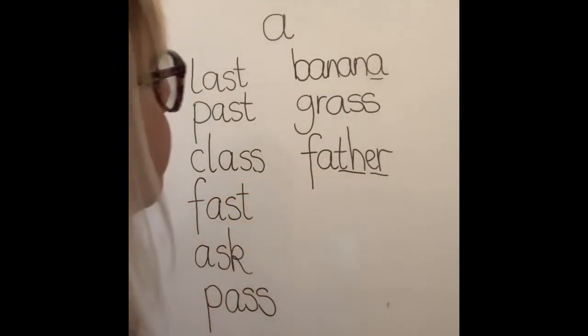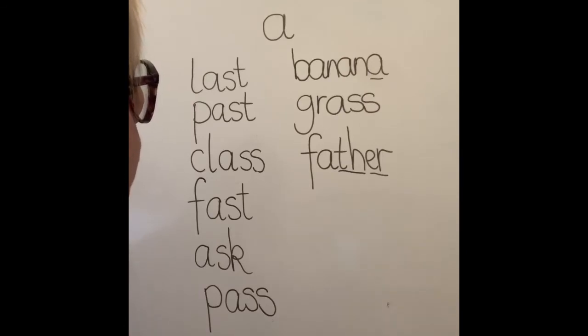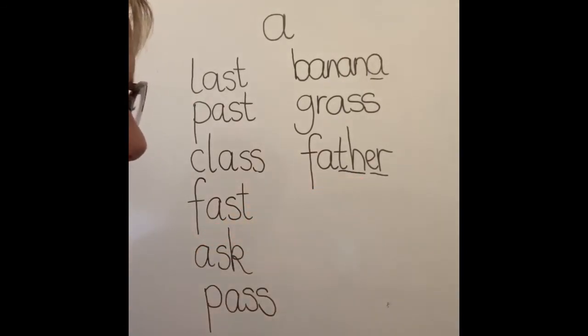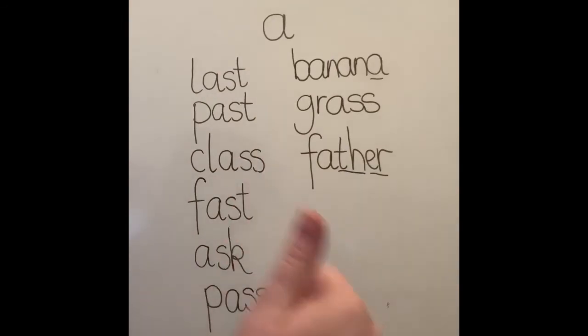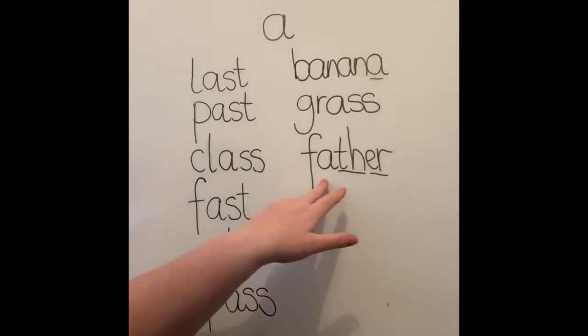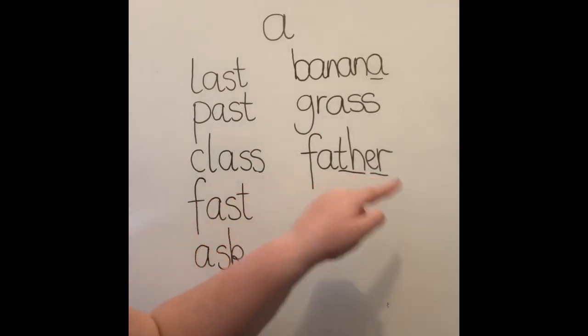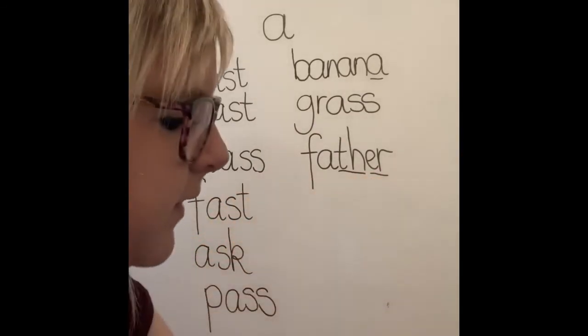Father. So that's someone who is your dad. Let's count the sounds. Four sounds. And that's funny because this word looks much longer than, say, this one. But they both have four sounds because they go together.